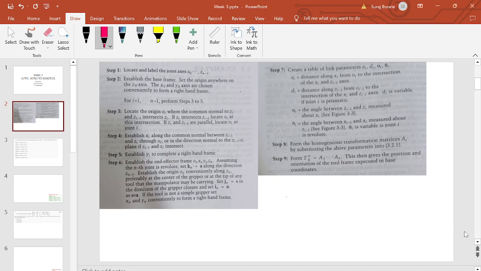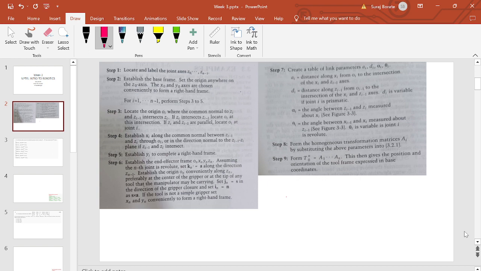So we had seen these two images from the book that I recommended, Vidyasagar and Spong. And here there are rules for labeling the axes, right? First, we locate and label all the joint axes with Z0, Z1, and so on.